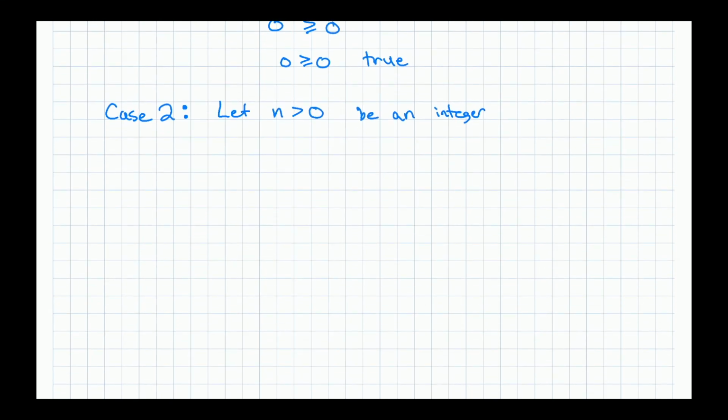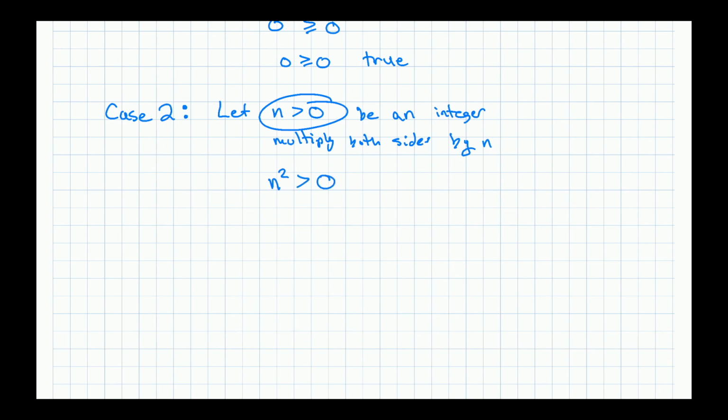What I wanted to do for this proof was I wanted to multiply both sides by n, and from this. So if you take what I circled and you multiply both sides by n, if you multiply the left side by n, you get n squared. If you multiply the right side by n, you get 0.